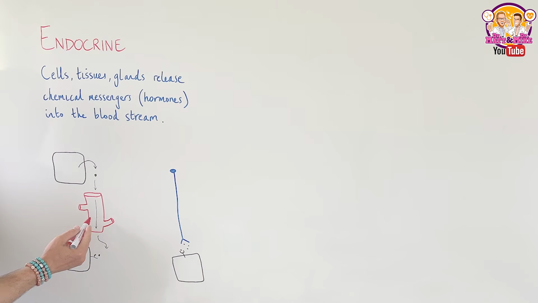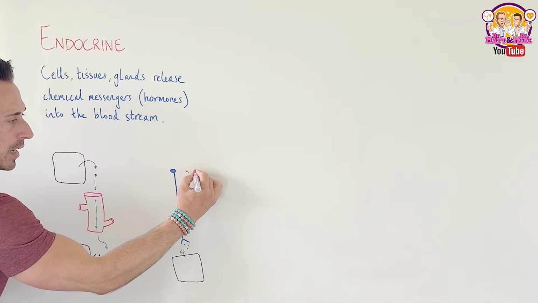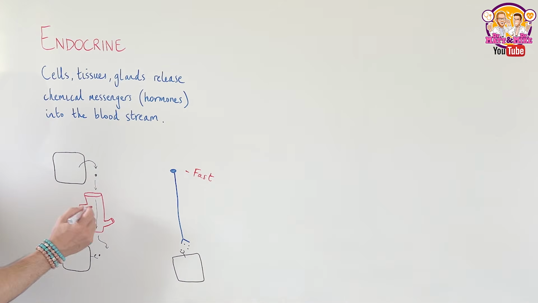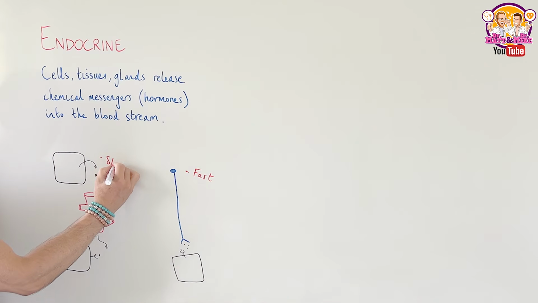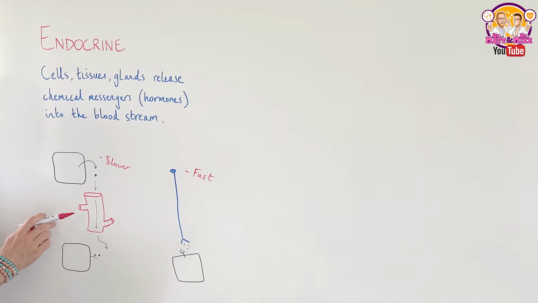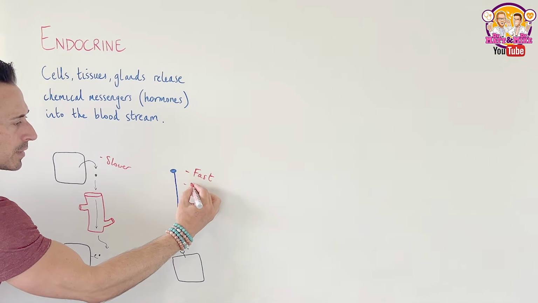Well, firstly, if we look at the nervous system, it is fast, right? It travels extremely quickly. Compare that to the endocrine system, which is a lot slower. So those hormones are only going to travel at the speed in which the blood is moving. So that's dependent upon heart rate, for example, and blood pressure. So endocrine, a lot slower. The nervous system is direct.